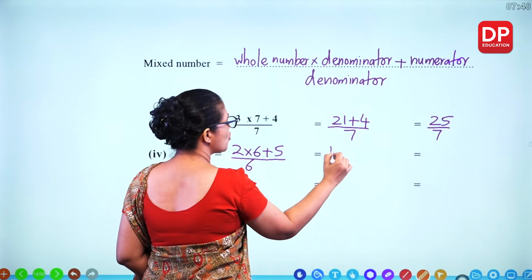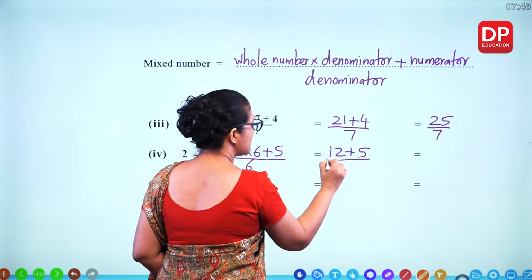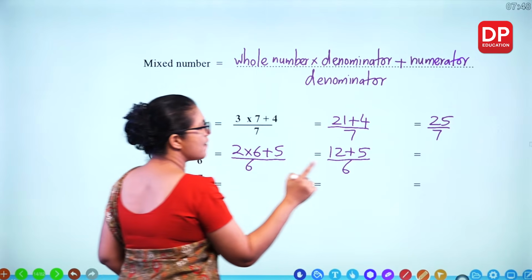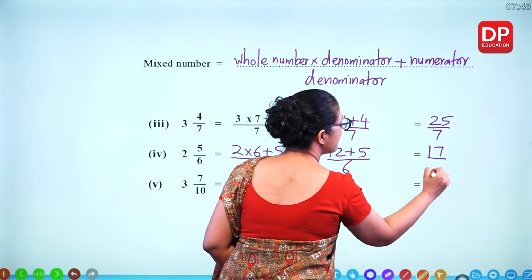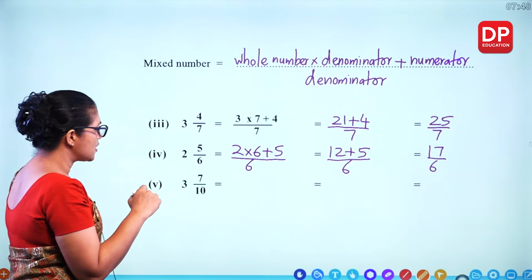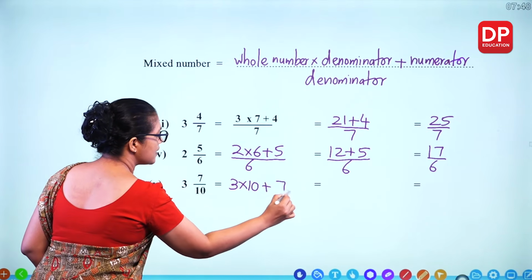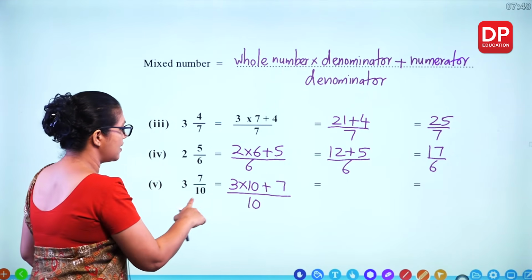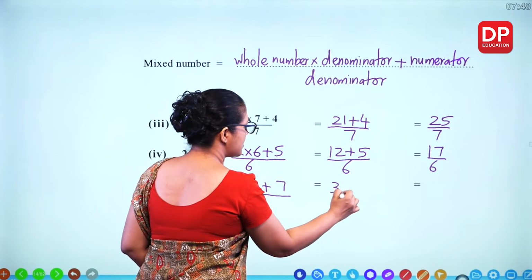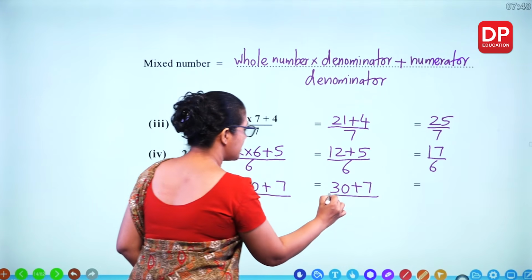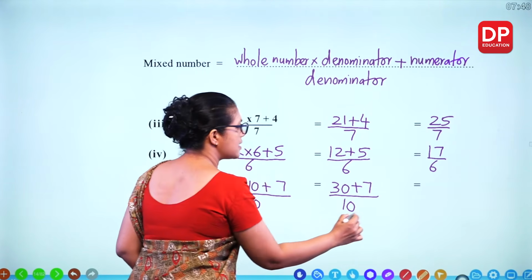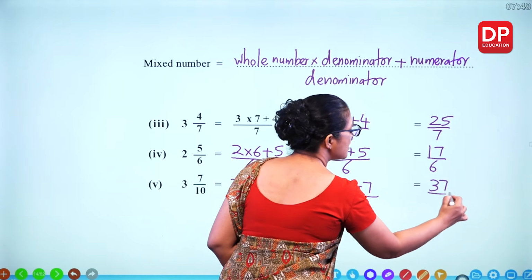So 2 times 6, 12 plus 5 divided by 6. 12 plus 5 is 17. This one, 3 times 10 plus 7. 3 times 10, 30. 30 plus 7, you get 37 over 10.